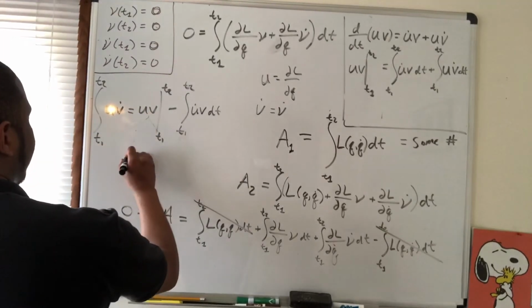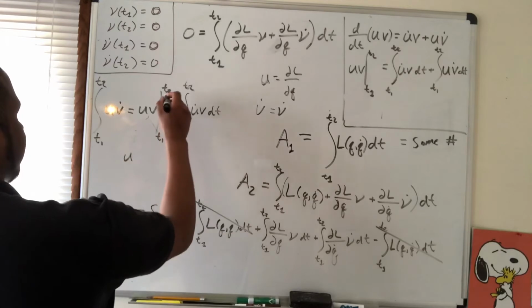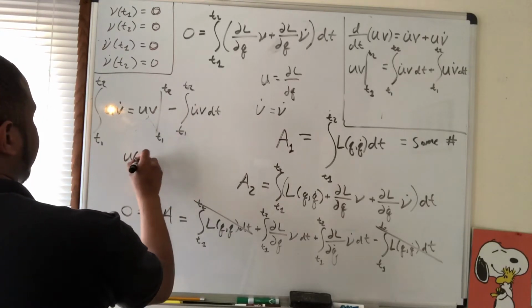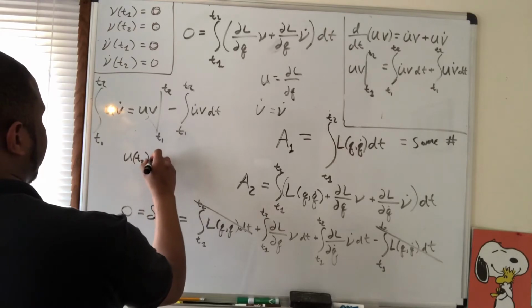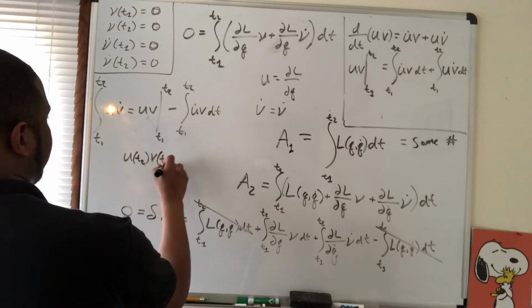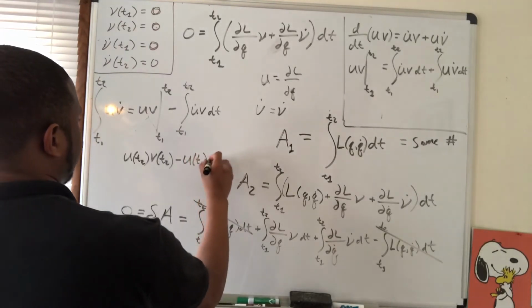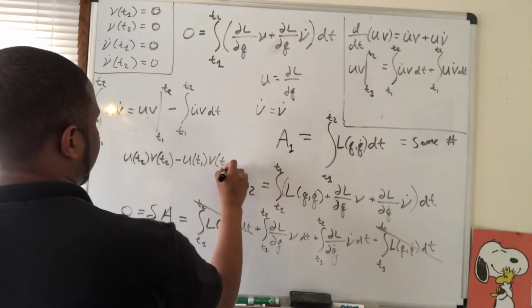Now I'll write it so that we're clear: U at T2 times V at T2 minus U at T1 times V at T1.